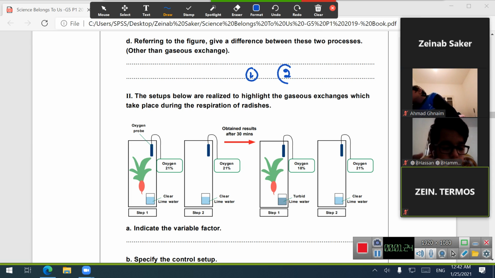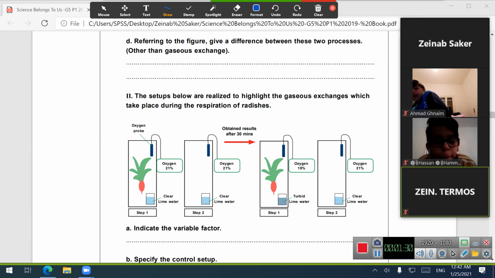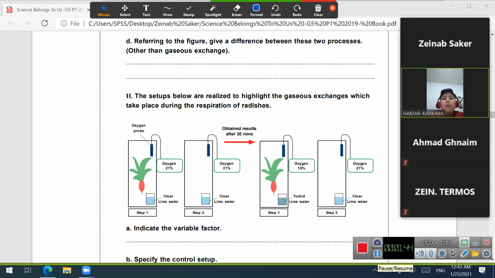Who can give me another difference between photosynthesis and respiration? I'm waiting for the raising hands. Okay, Haidar, can you please give me a difference?